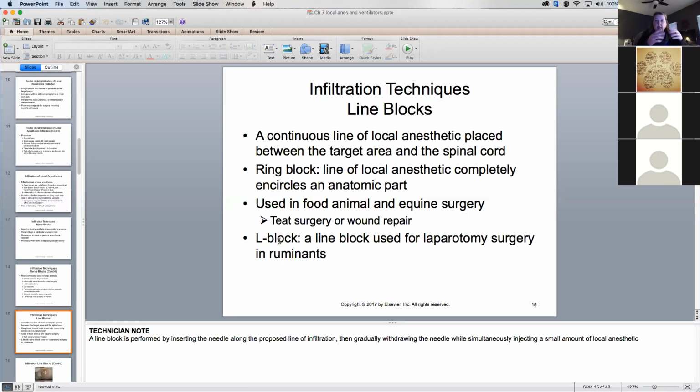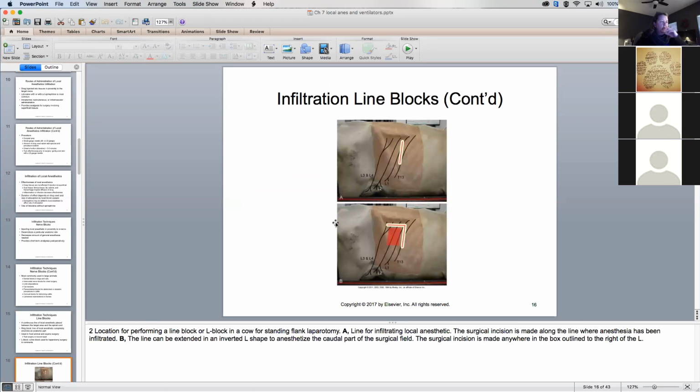So normally it's just putting it in a straight line along where an incision is going to be. If you look in this picture, this kind of goes to what you were saying, Sean, but this is just putting it in a line.